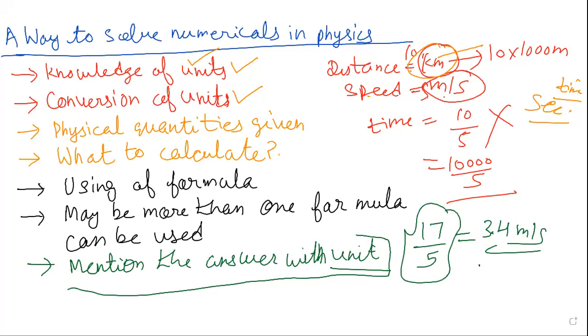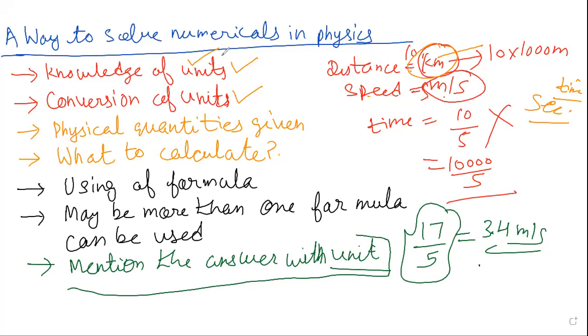And if it is specifically mentioned in the numerical, especially where we have to use the value of g, that use g is equal to this, then we have to stick to it. We have to use the same value which is given to us. We cannot use another value.